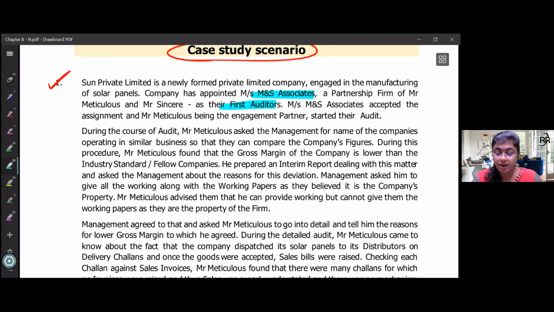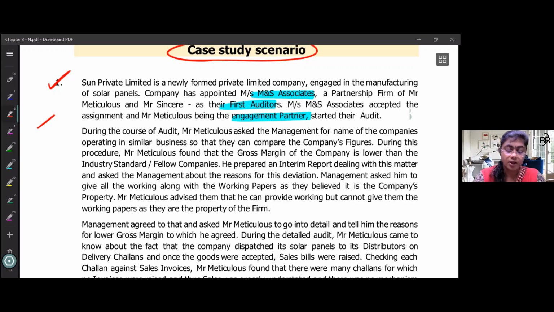MS Associates accepted the assignment, and Mr. Meticulous, being the engagement partner, the person who acts and signs. We call it the engagement partner. Just to recall, SA 220 and company audit, the person who acts and signs should be a CA with COP under 141 subsection 2.